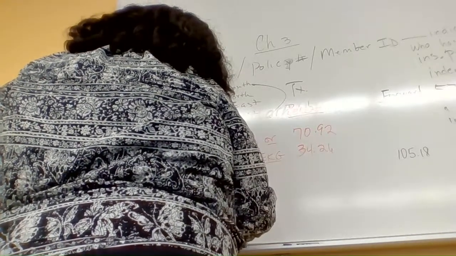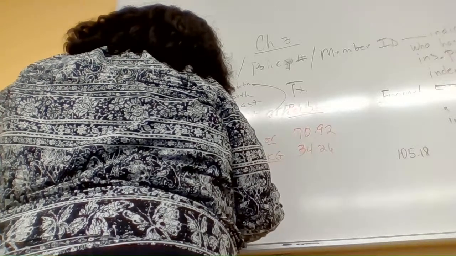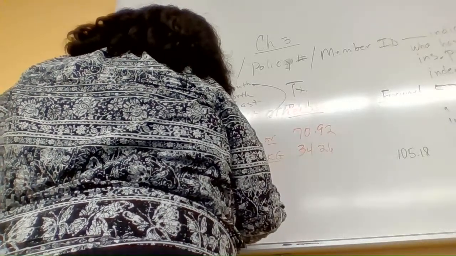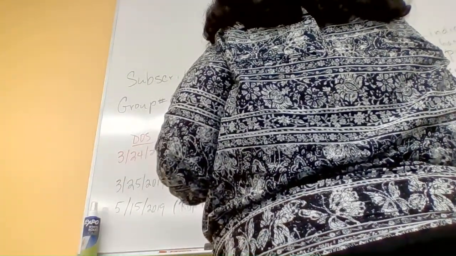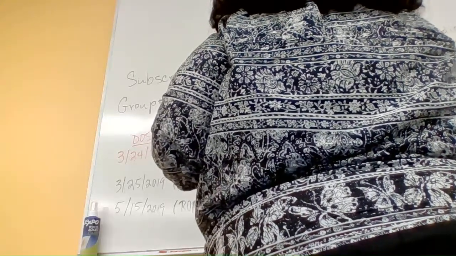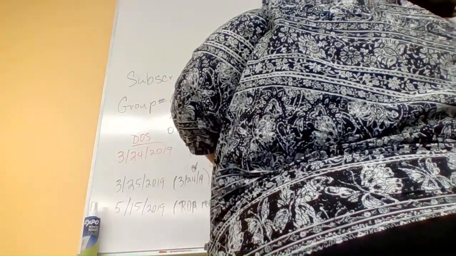You're assuming, because it says right here, on May 15th, Blue Cross sent an EOB stating that the patient had previously met her deductible. Check number 433 for $76 was attached to the EOB.